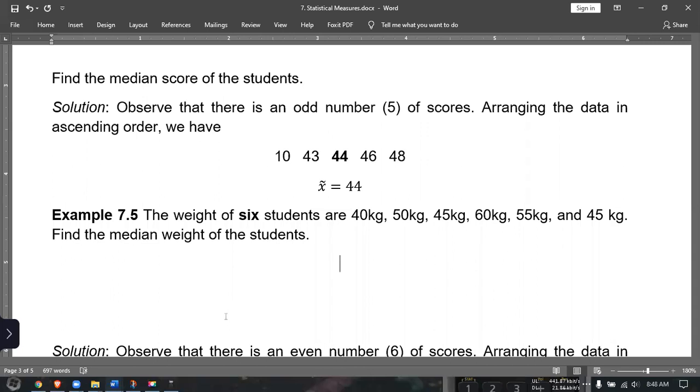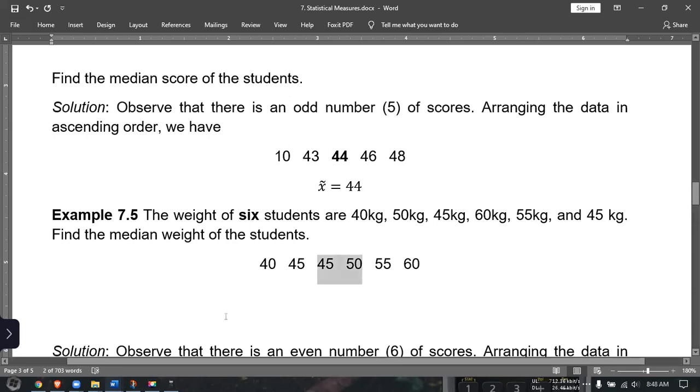The lightest here is 40, 45, 45, 45, 50, 55, 60. We have 6 values, and two middle values, 45 and 50.